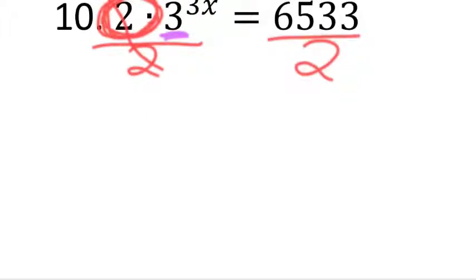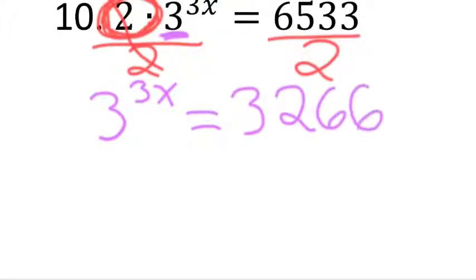So we're left with 3 raised to the 3x equals 6,533 divided by 2, which gives us 3,266.5. Now number 10 looks like what we're used to.